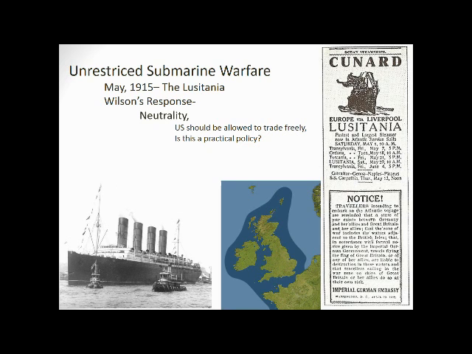And of course that leads, as you see here with the Lusitania Notice flyer from 1915, to the May 1915 sinking of the Lusitania off the southern coast of Ireland. The Lusitania, however, was carrying ammunition, and the German U-boat commanders knew this.